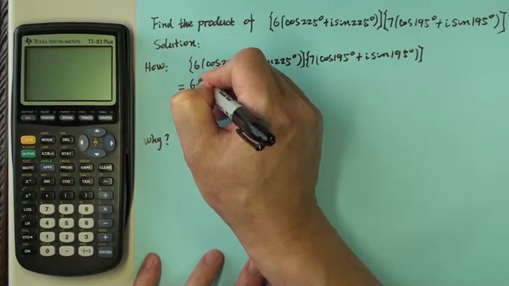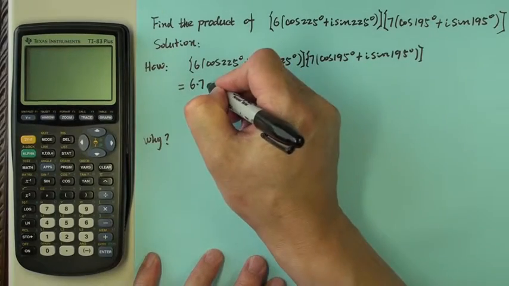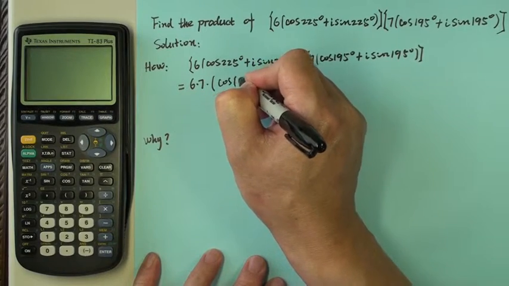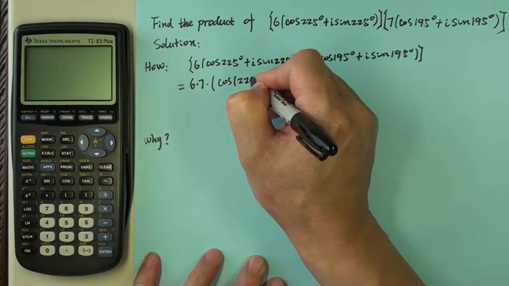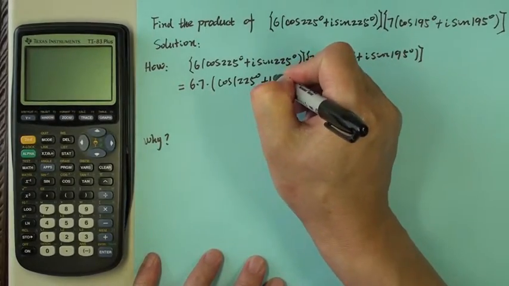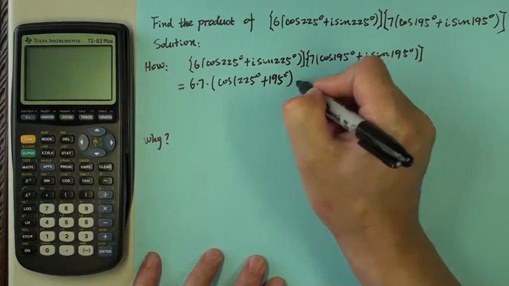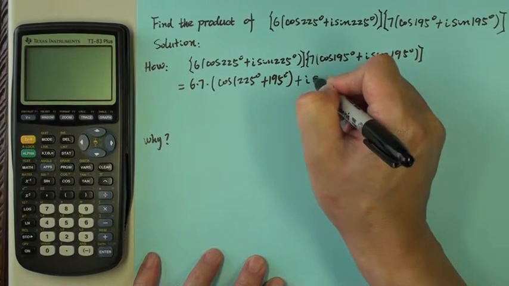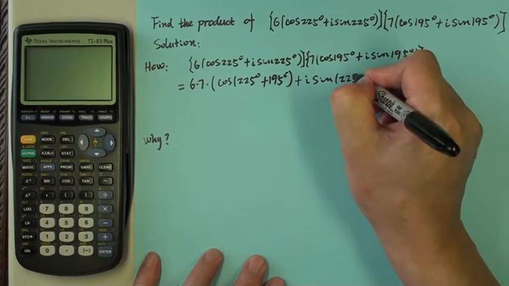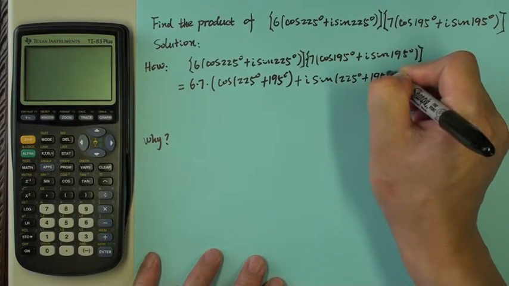That's 6 times 7 first. Okay, 6 times 7. And then for cosine 225 degrees, you want to add 195 degrees. And then plus i sine 225 degrees plus 195 degrees.